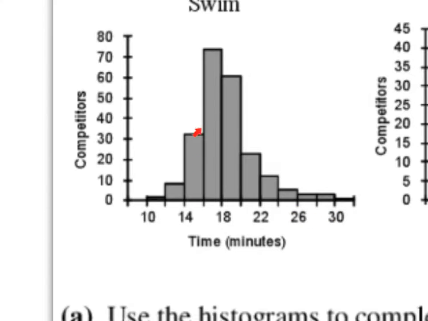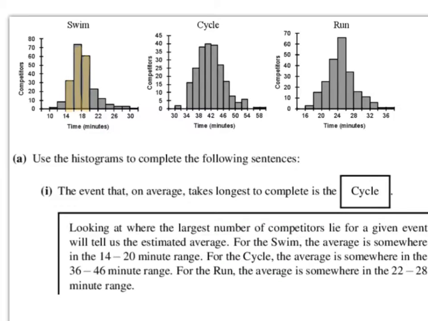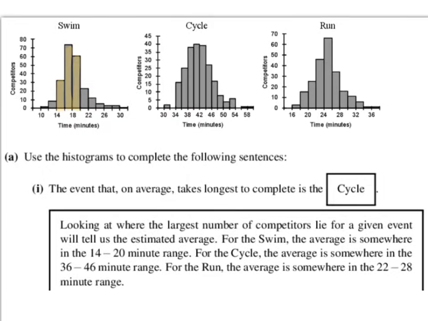We can see that these three bars are the highest bars, and they start at 14 and end here, which is 20, because halfway between 18 and 22 is 20. So again, for the swim, the average is somewhere between the 14 to 20 minute range.